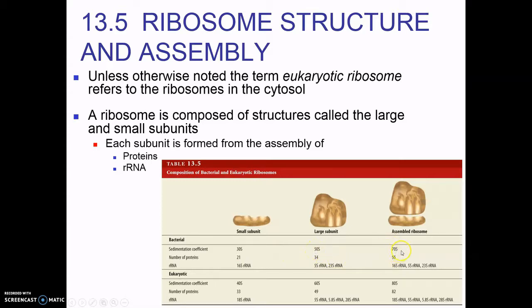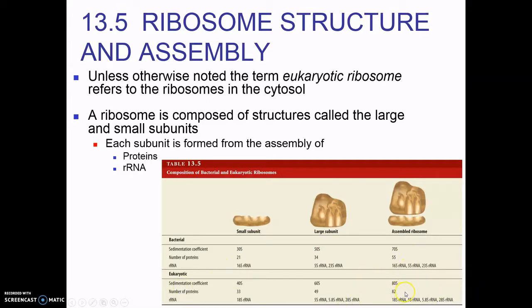Well, again, this is referring to how quickly the ribosome will fall through liquid, in a specific liquid, under centrifugation. So molecular weight is definitely one aspect of that, but it's also the overall shape. So combined together, it doesn't quite hit 80, right? So it's called a 70S. So this is a physical property of the whole thing. It's not something that can simply be added up by its pieces.